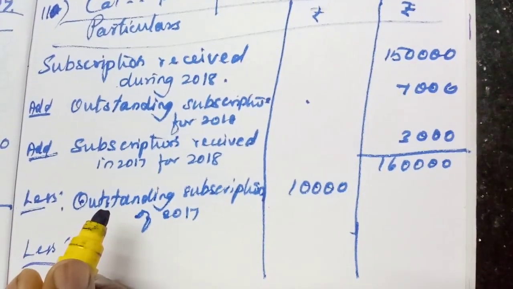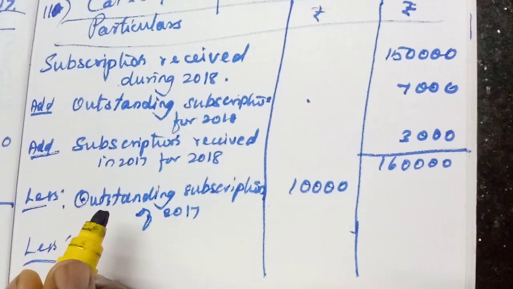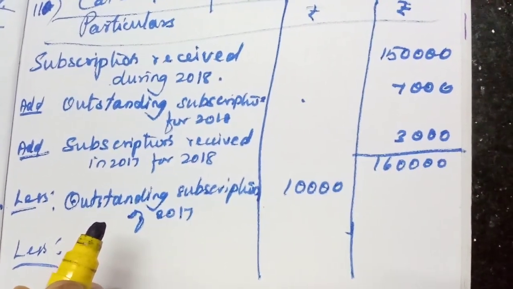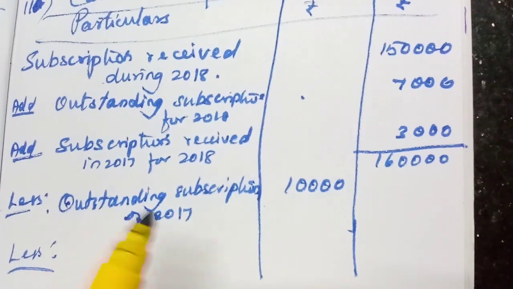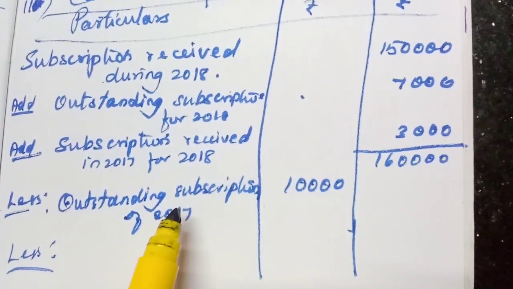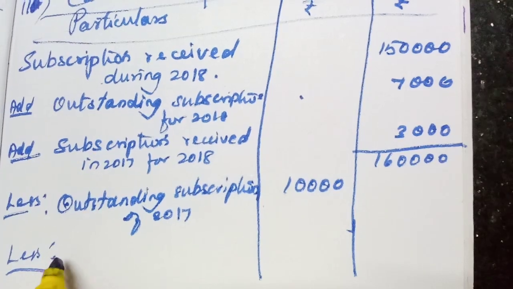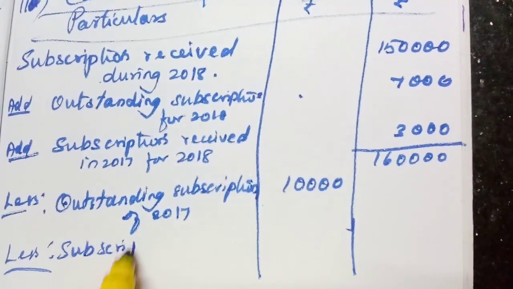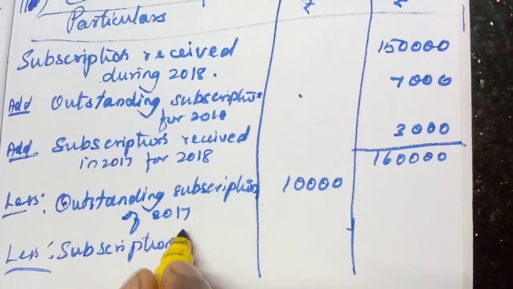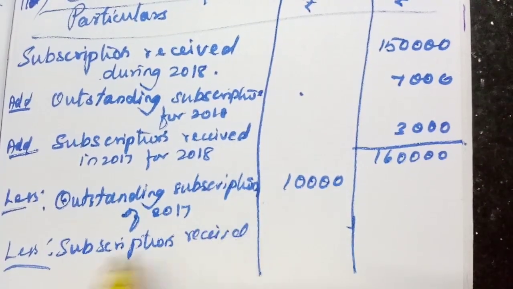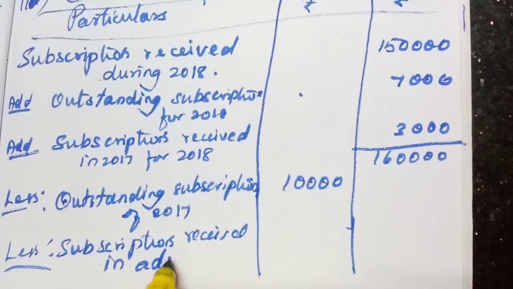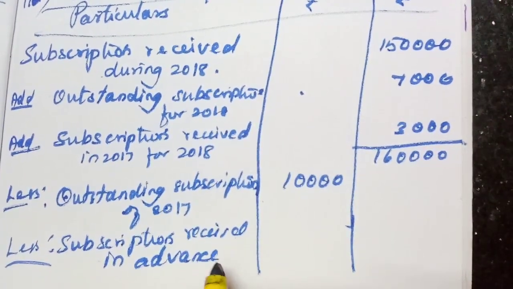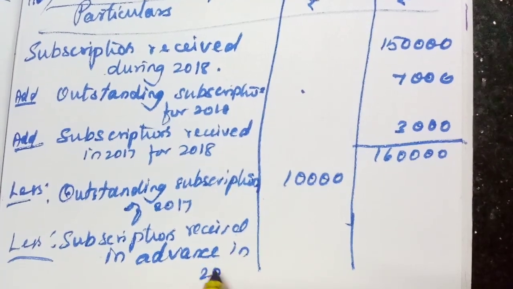you see the second column, last one, that one 5,000 subscription received in advance in this year 2018. So that means it is related to the next year. So that one, less subscription received in advance. Which year? This year, 2018, we have received.